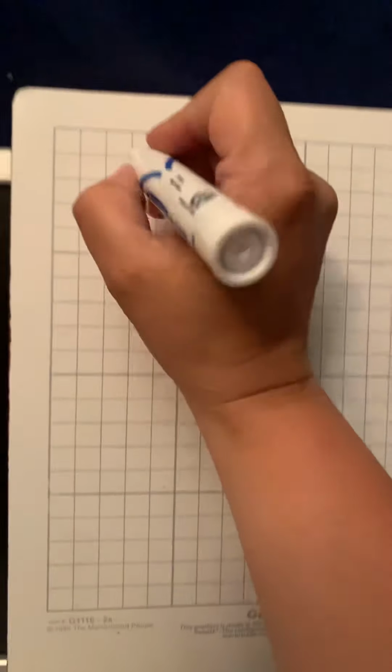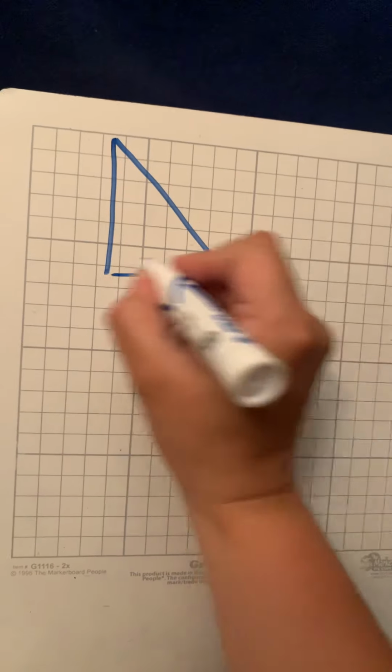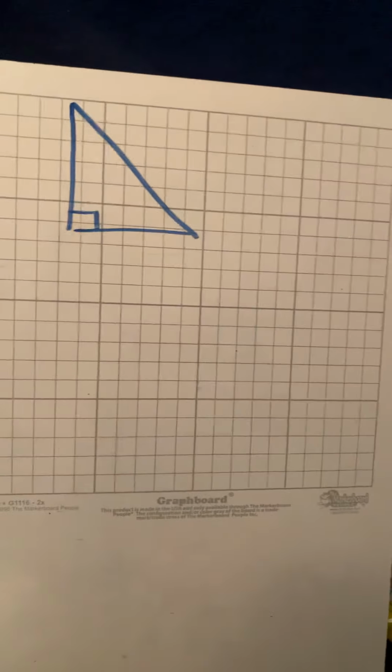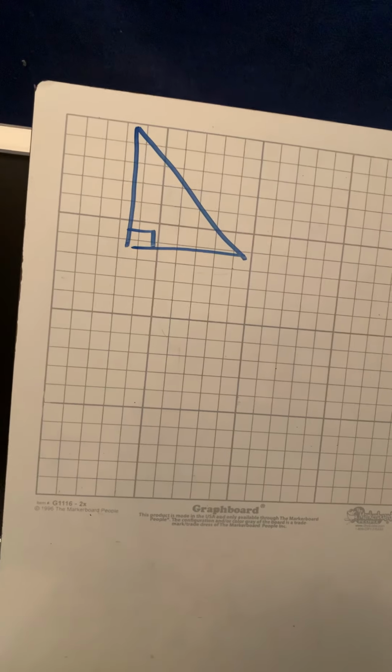So here comes our trig story problem. Picture: let's do our right triangle. They said that the angle of elevation is 70 degrees, and you can rewind and look at the story problem again.